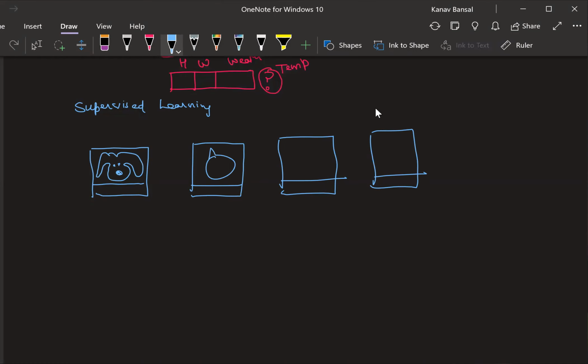The second photo given to you looks like this. The third photo looks like this. Yes, I'm talking about a supervised learning example here. The fourth photo given to you looks like this.